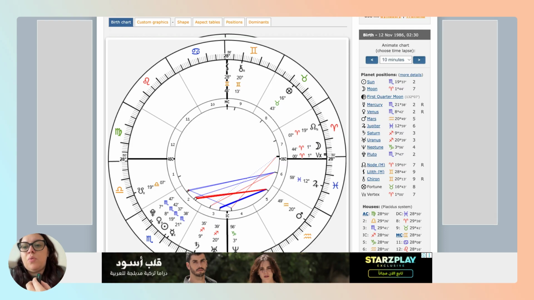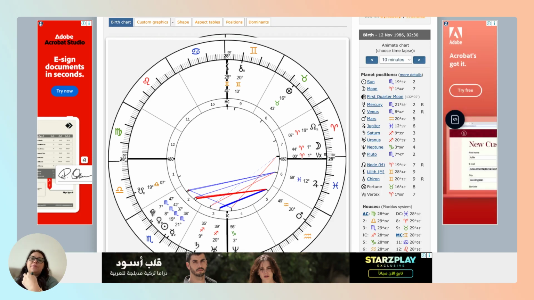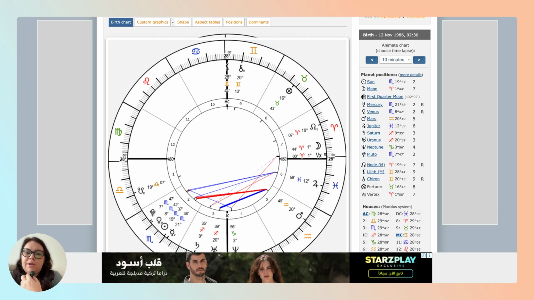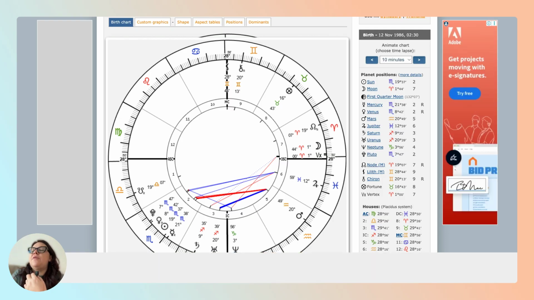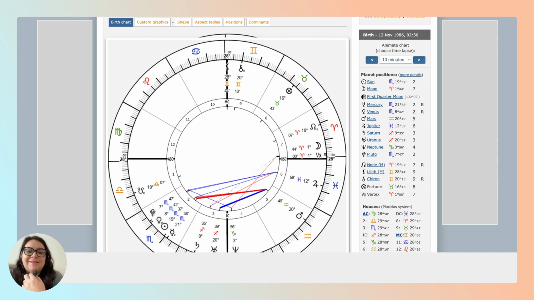So when they tell you in which house you will have the new moon or the full moon or whatever transit is happening, we are going to look at the degrees. For example, we are having a very important transit in February of Neptune and Saturn in conjunction in degree 0 of Aries.